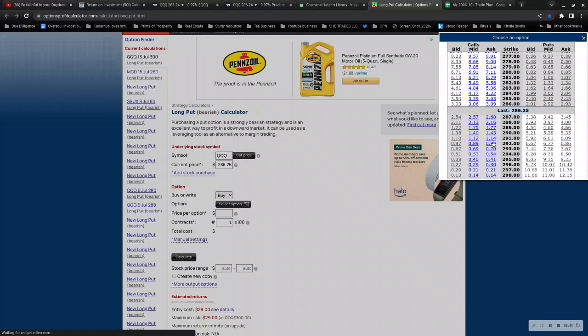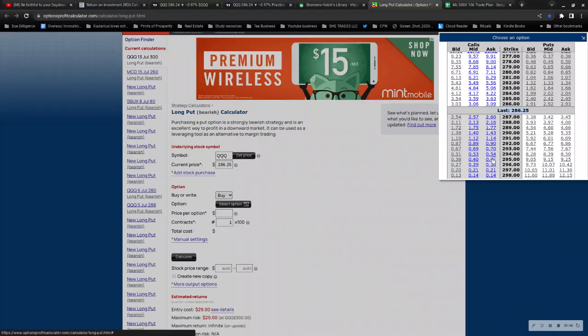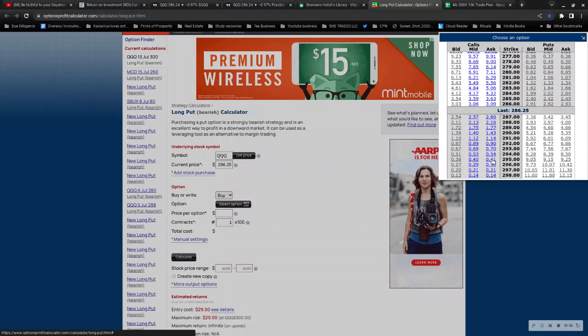So that means this will also move up 5 deltas up. So I would go to 295. If I think the stock is going to make it to 292, I would go to 295, anticipating that the stock is coming my way if I'm looking for a call.